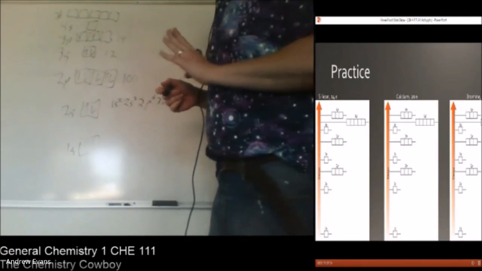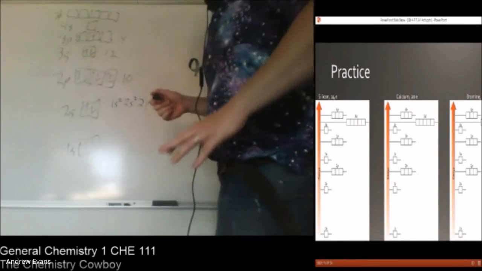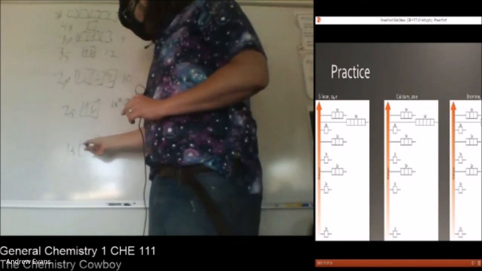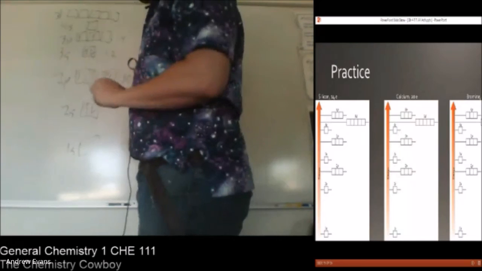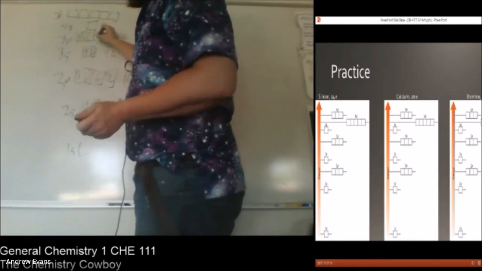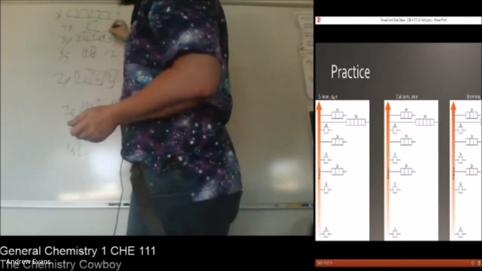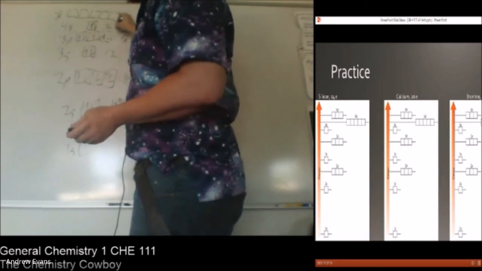Now, the beauty of this, calcium, 20 electrons. I can continue off my previous one because this will all be the same. 2, 4, 10, 12, 14, 15, 16, 17, 18. Then up here, 1, 2 to make that 20.